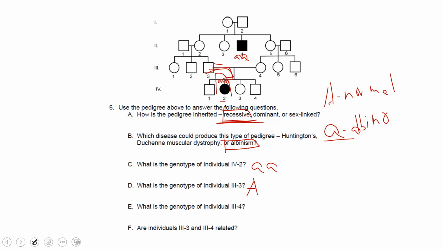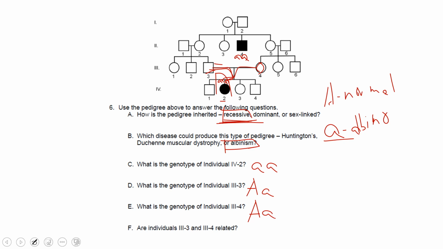One of those little a's must have come from 3-3, so they are heterozygous carriers for albinism. What is the genotype of individual 3-4? Well, that's this mother over here. She also contributed to this daughter going on over here. She is also normal because she's not shaded in, but she made a child who has albinism, and so she is also a carrier.